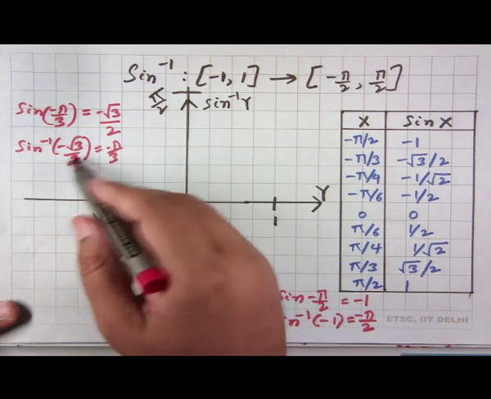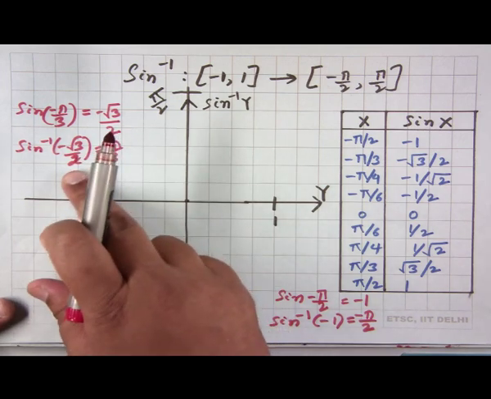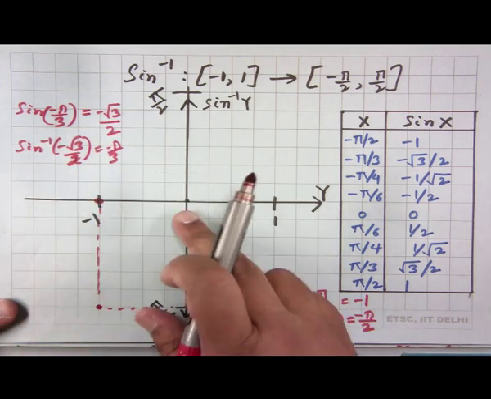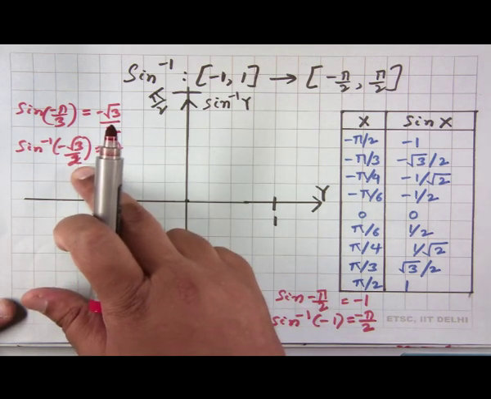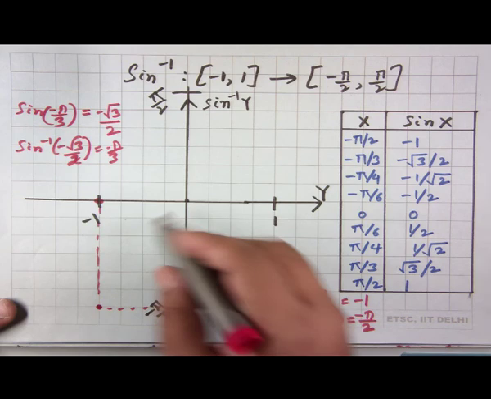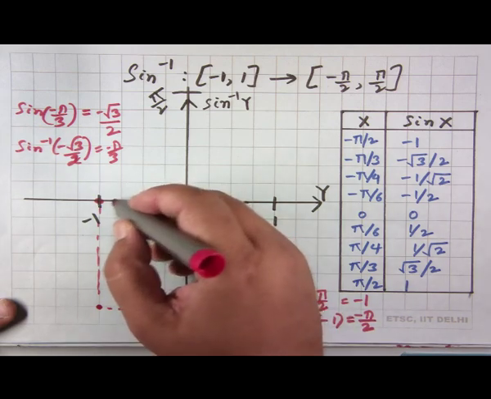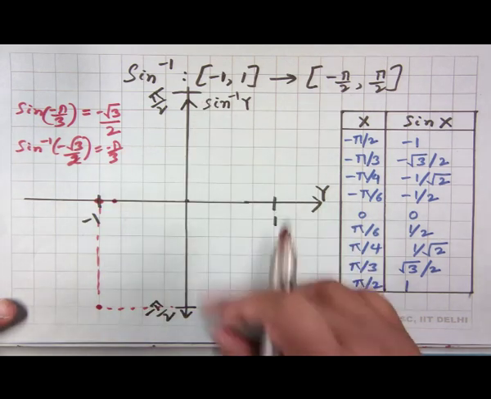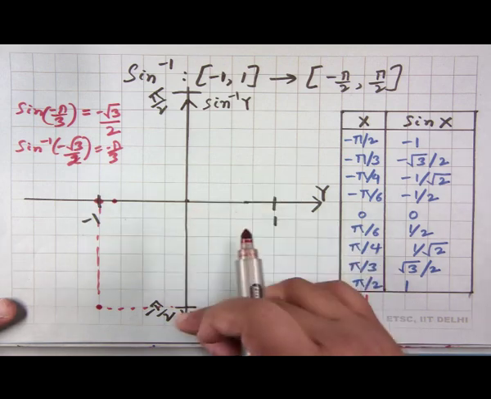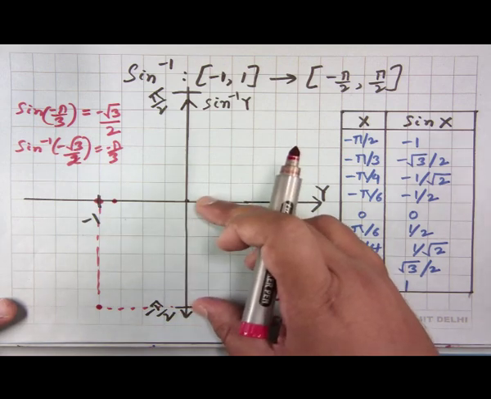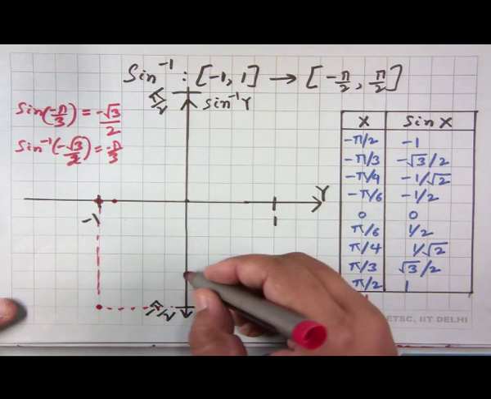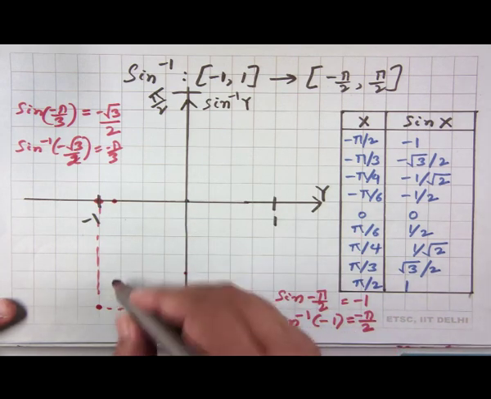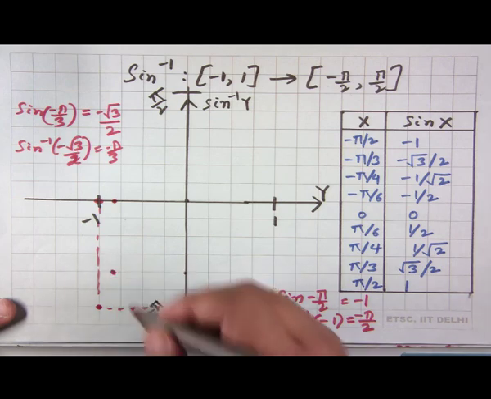So, sine inverse of y equal to -√3/2. Here -√3/2 is around -0.86, so that will be approximately somewhere here, and then -π/3. So, this is -π/2, so 2/3 of this will be -π/3. Since this is 6 units, it will be somewhere here, and therefore this is the point on the graph that we get.